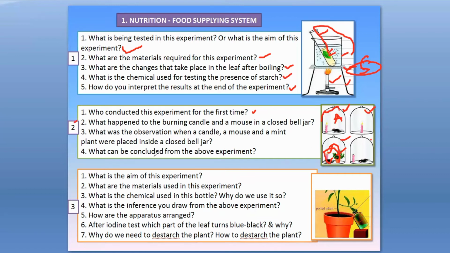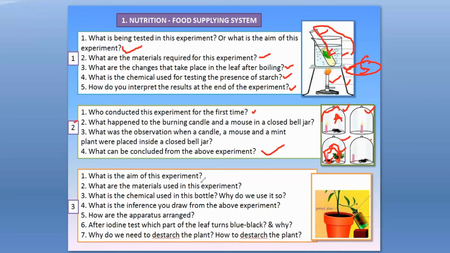And what can be concluded from the above experiment? The main conclusion is that the mint plant provides oxygen. Because of this oxygen, the candle burns continuously and the rat lives and moves continuously, because of oxygen coming from the plant due to the process of photosynthesis.